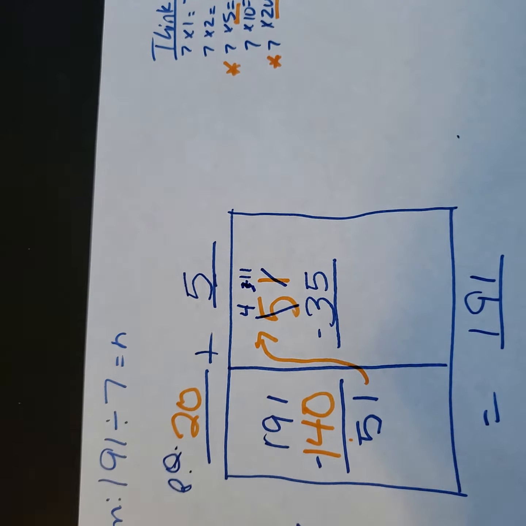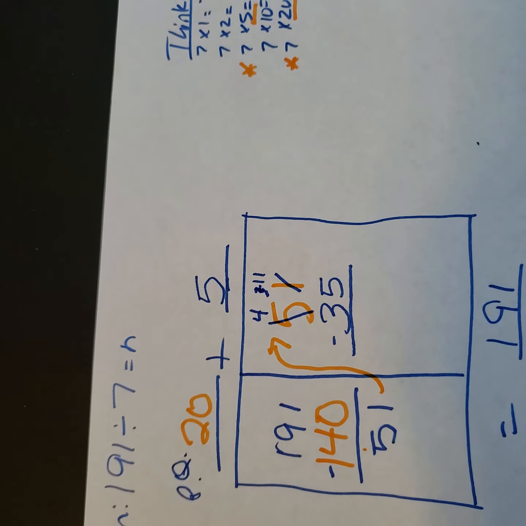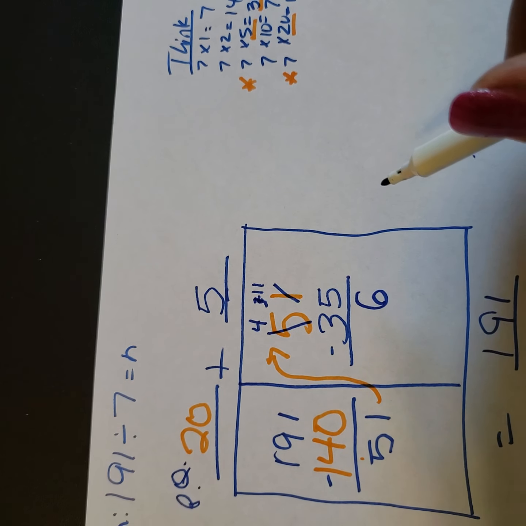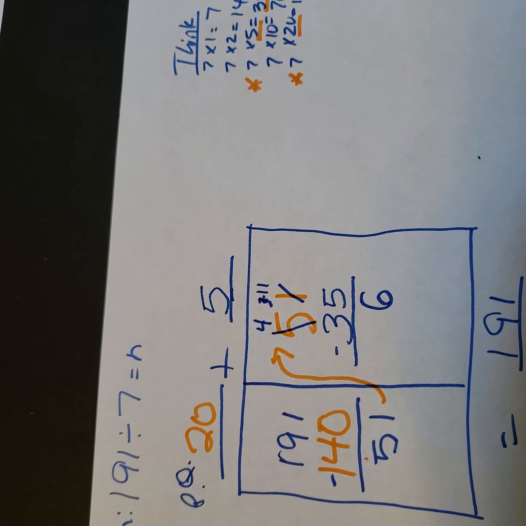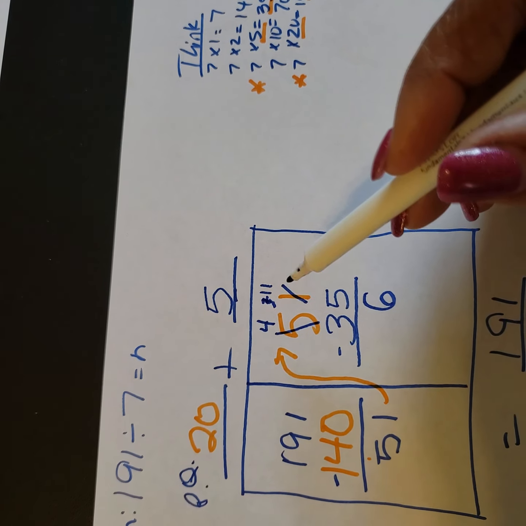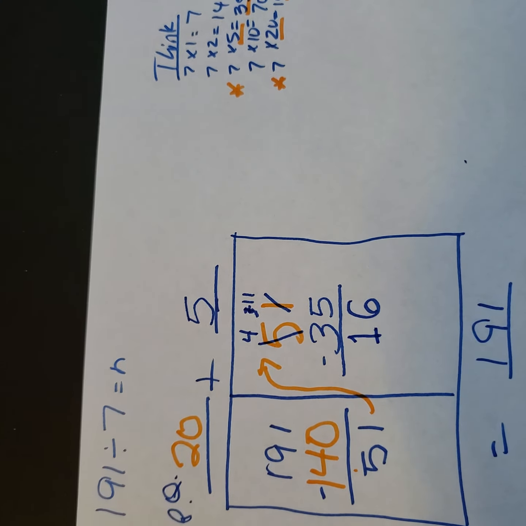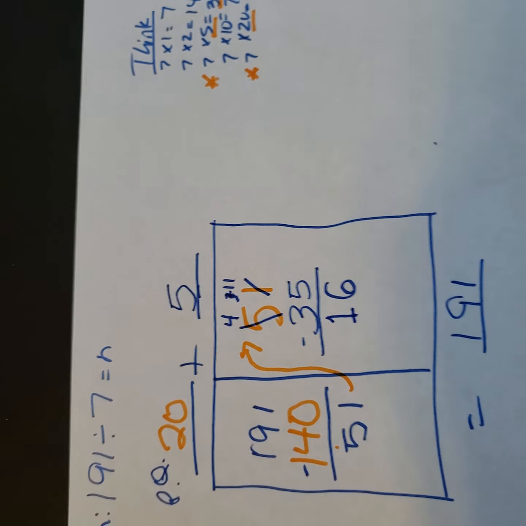I'm sorry, I probably shouldn't put that plus sign there. So I have 11 minus 5, which is 6. And I have 4 minus 3, which is 1. All right, here we go. I've got 16 left.